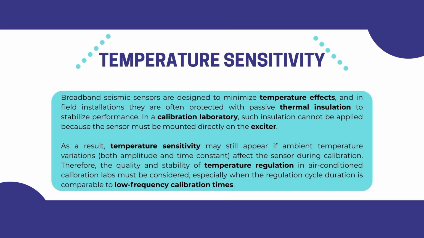As a result, temperature sensitivity may still appear if ambient temperature variations, both amplitude and time constant, affect the sensor during calibration. Therefore, the quality and stability of temperature regulation in air-conditioned calibration labs must be considered, especially when the regulation cycle duration is comparable to low-frequency calibration times.